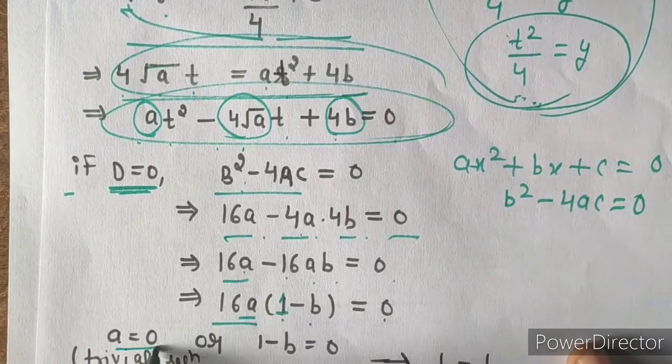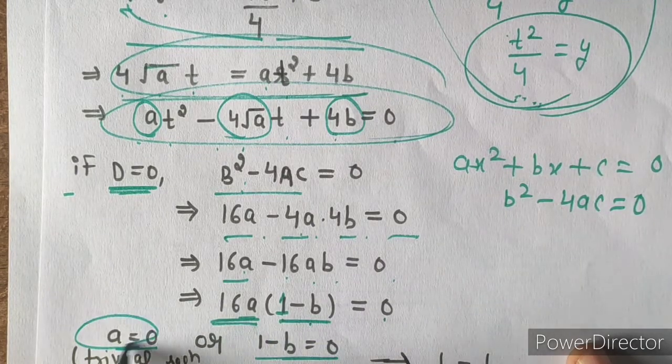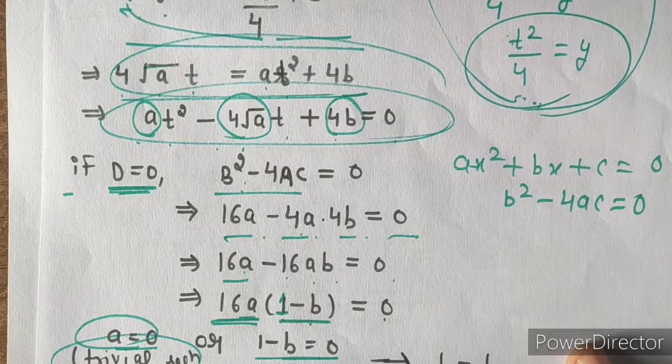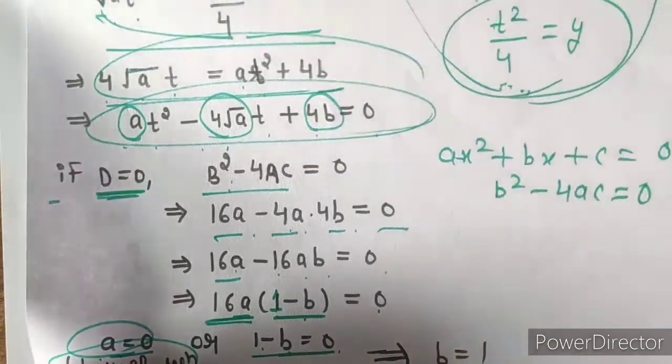So A equal to 0 or 1 minus B equal to 0. If A equal to 0, then it becomes a trivial solution. And 1 minus B equal to 0 implies B equal to 1.